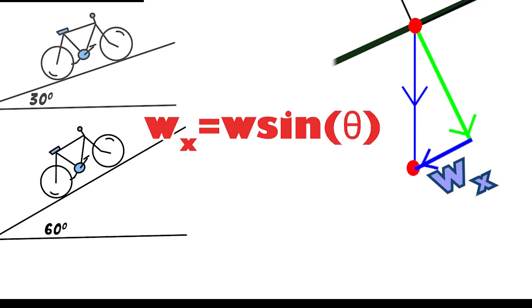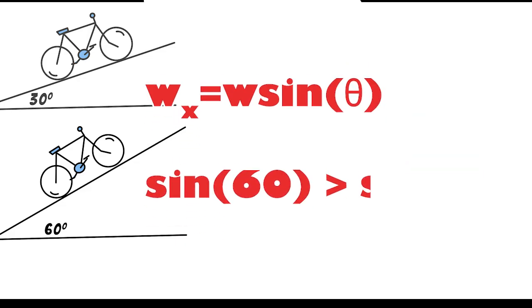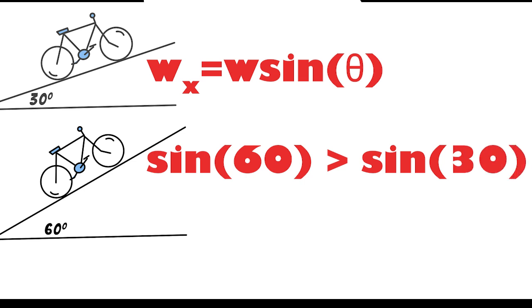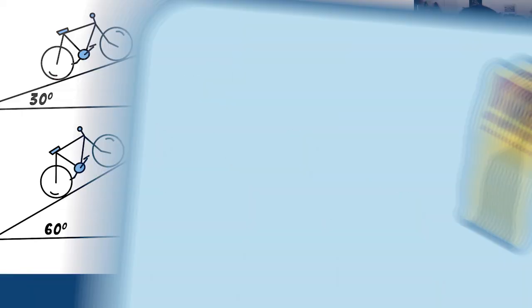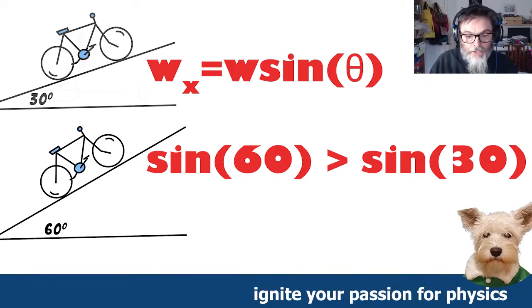Hopefully you remember that sine 60 is bigger than sine 30, therefore WX is a bigger force down the slope at 60 degrees than at 30, and so at 60 the steeper hill is harder to climb. So actually the whole slope thing really becomes clear when you get your head around where this angle 30 is and about moving the x and y axes like we said at the start.